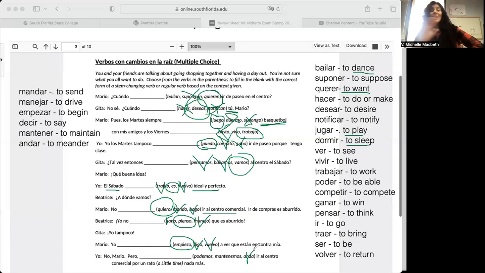No. So it is unlikely that that is the right answer. But we have mantener and poder. Is it more likely that we're going to be able to go together, or that we're going to maintain to go together? Maintain sounds jarring, even in Spanish. So it's unlikely that we would maintain to go together, but it is likely that we would be able to go together, right? So that is the most likely answer.